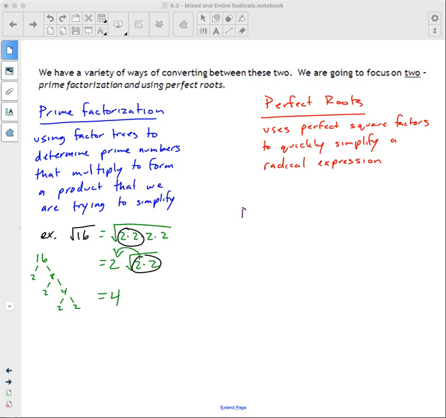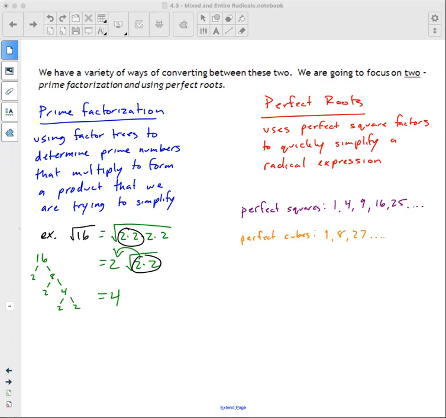Remember, our perfect squares are 1 times 1 is 1, 2 times 2 is 4, 3 times 3 is 9, 4 times 4 is 16, 25, etc. And then we have our perfect cubes as well. 1 times 1 times 1 is 1, 2 times 2 times 2 is 8, 3 times 3 times 3 is 27, etc.